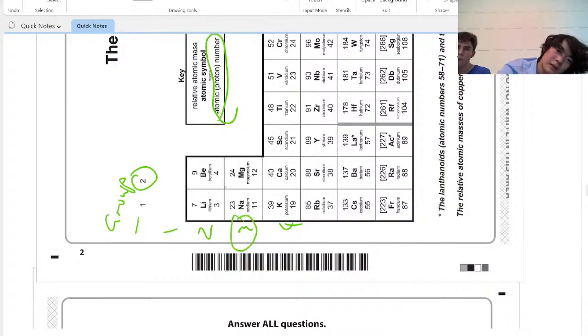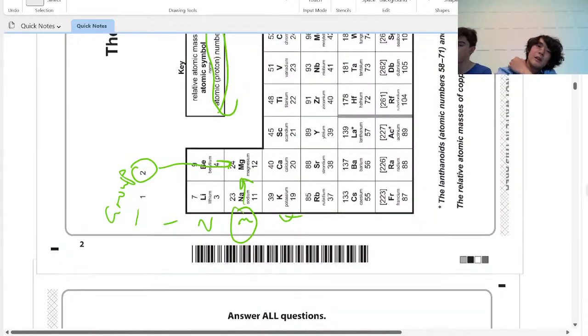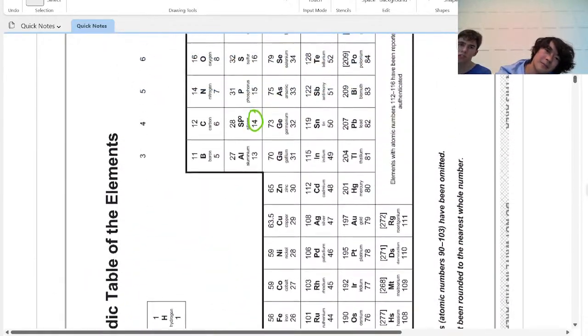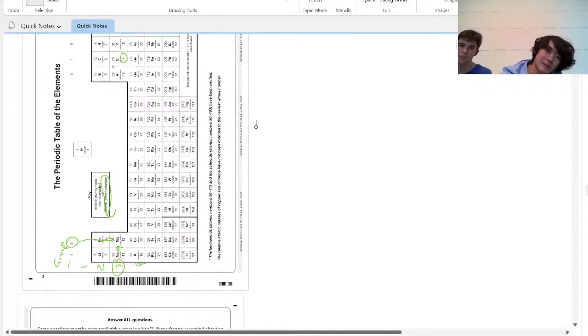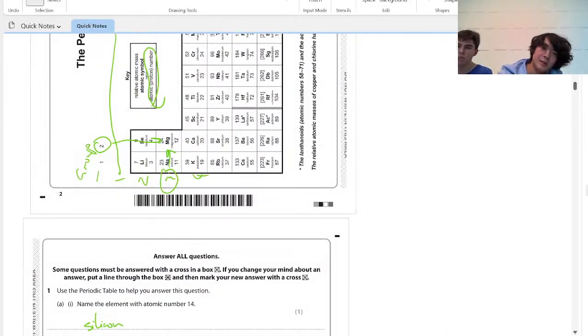Period 3, and you just find the box. For periods, make sure that you're including hydrogen and helium as period 1. It might not look like there's a period 1, but there is. So, magnesium.